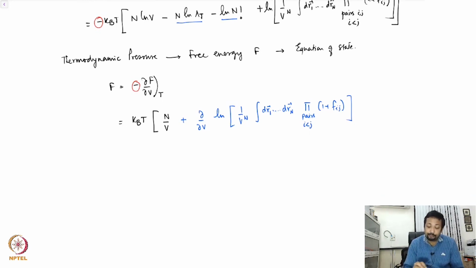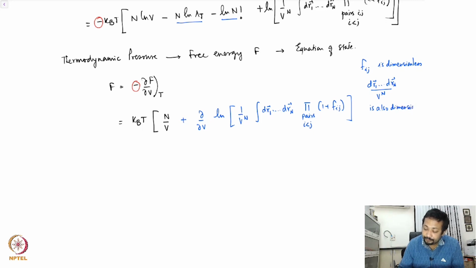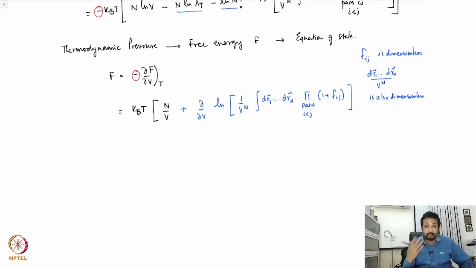Now you have to note one thing: fij is dimensionless, and dr1 ... drn divided by V to the power n is also dimensionless. So this makes the picture very consistent. One does not have to worry about dimensions at every step of your calculation.